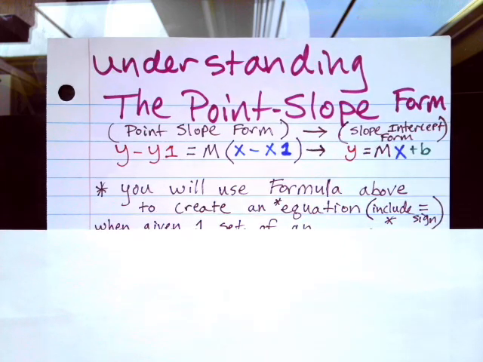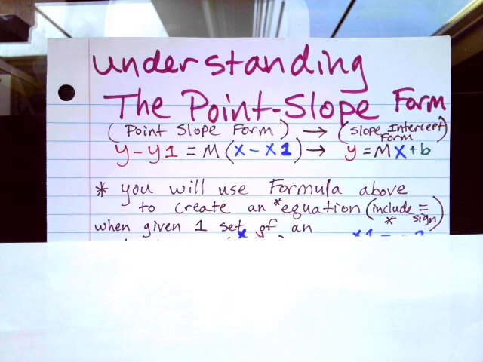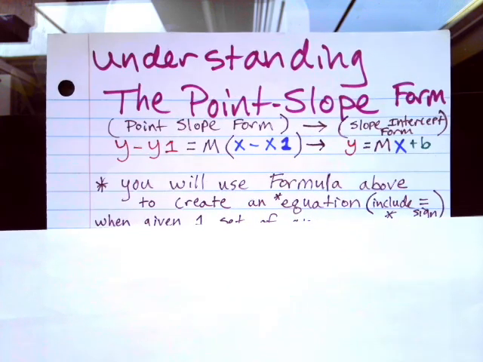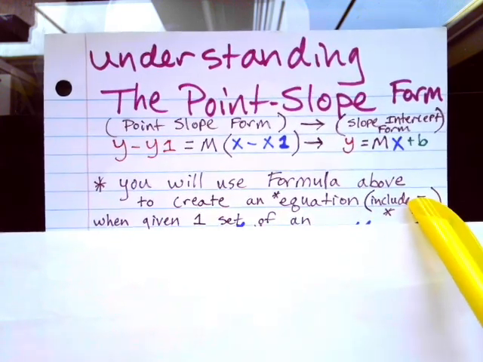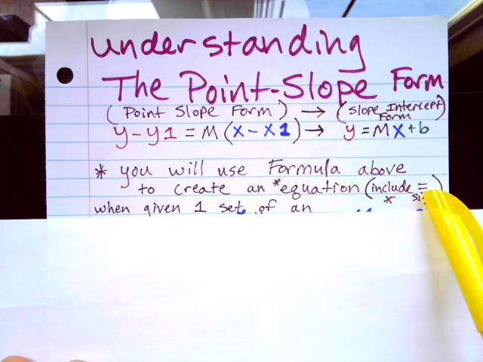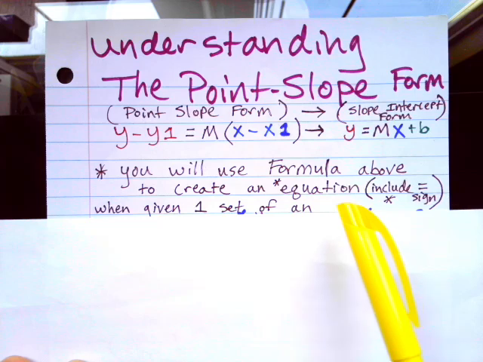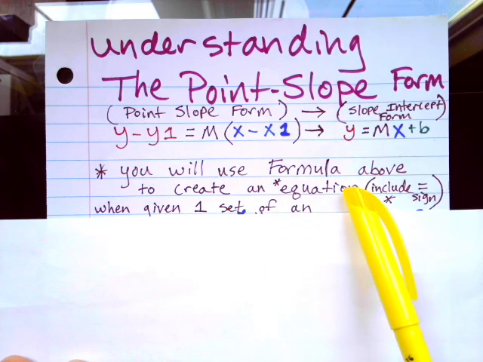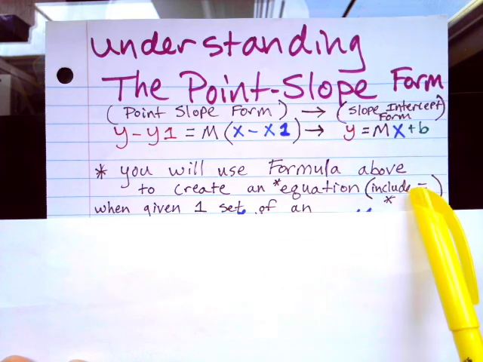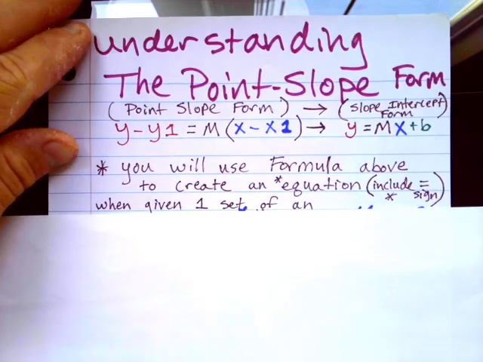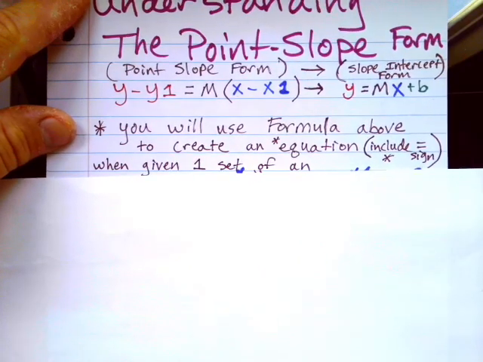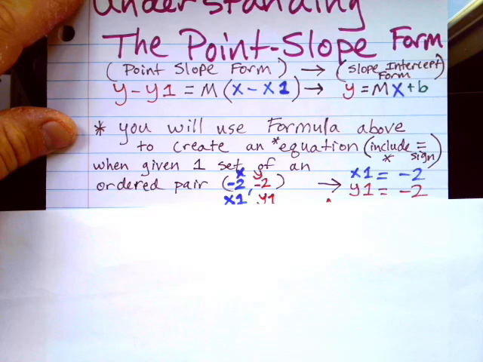You will use the formula above to create an equation. What I'm showing you here is that equations include an equal sign. Expressions do not have the equal sign. So we're going to create an equation using that equal sign, separating the terms.